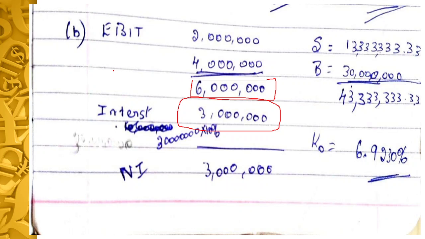Your working note should match with what you have done, and what you have done should match with what the net income approach tells. Otherwise, the answer would be considered not correct. So once after deducting interest, you will get the net income to be 3 million.